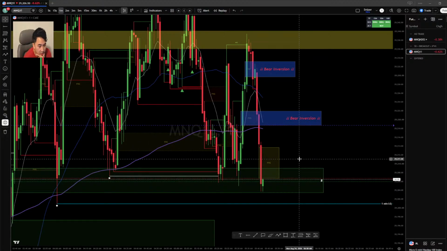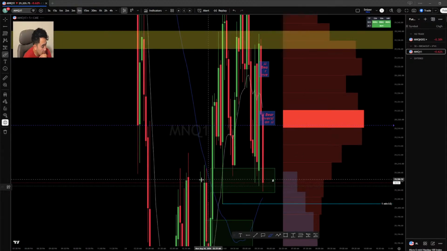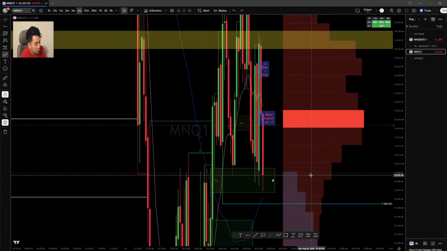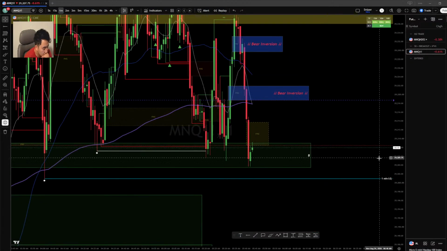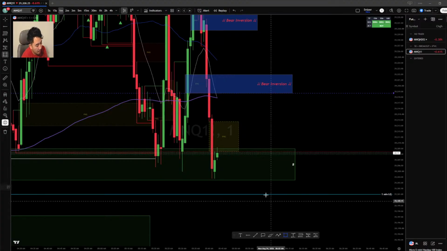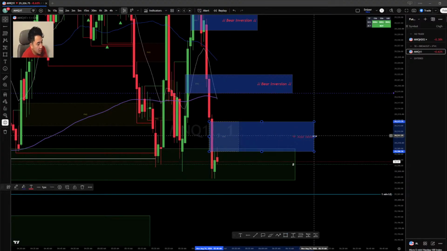Now this is a key area where price reacted off of as well. So on this 5 minute, we have this level right here where it's like support. Bearish FVG here.